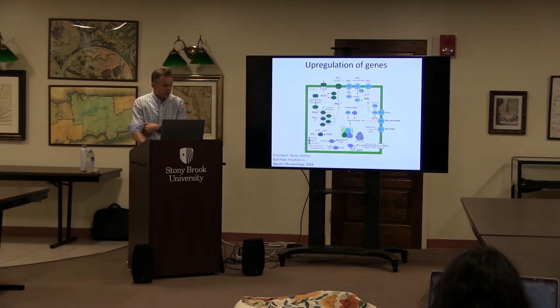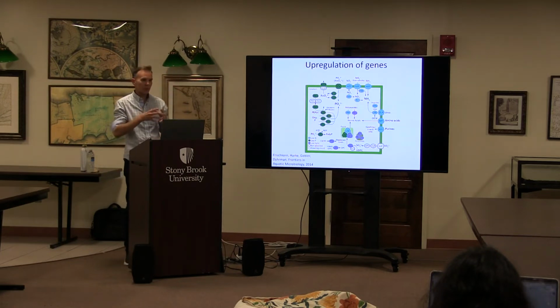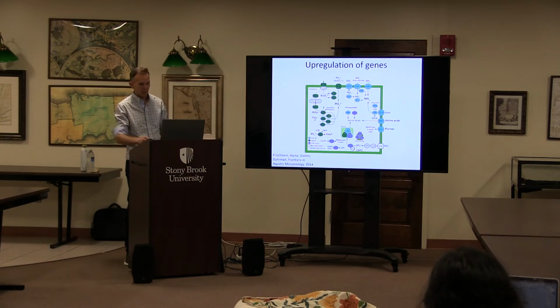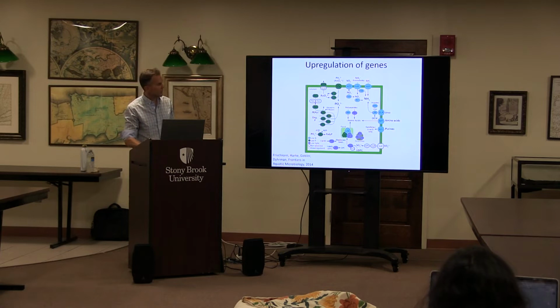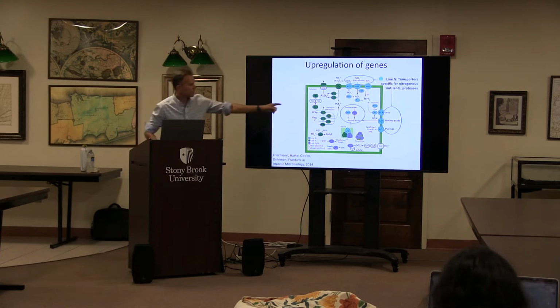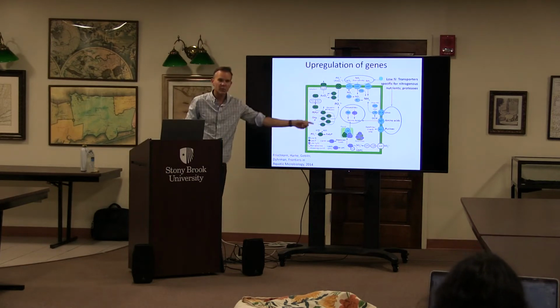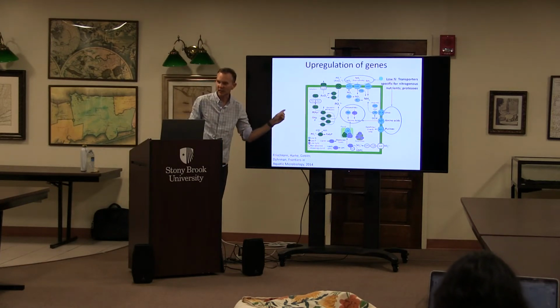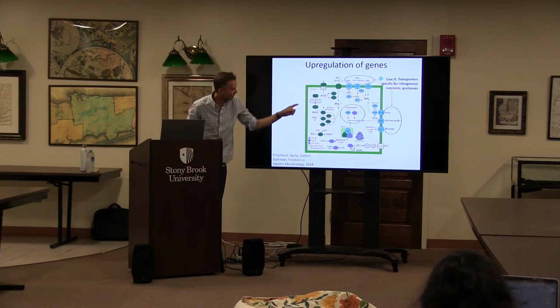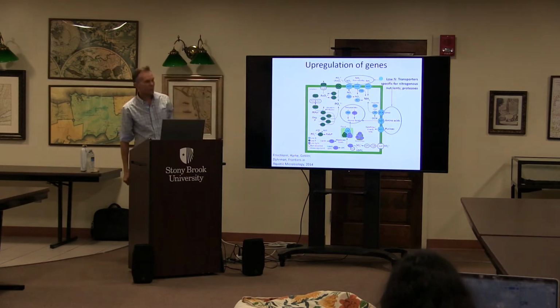So in doing this, what we were able to do is come up with little maps of the specific genes that were being expressed by the organism to adapt to a given environment. And so I won't get too far into the weeds here, but suffice to say, under low nitrogen conditions, the box here is actually supposed to be the cell. So this is like the inside of the cell, the outside of the cell. And these little circles on the outside of the cell are what we call transporters.